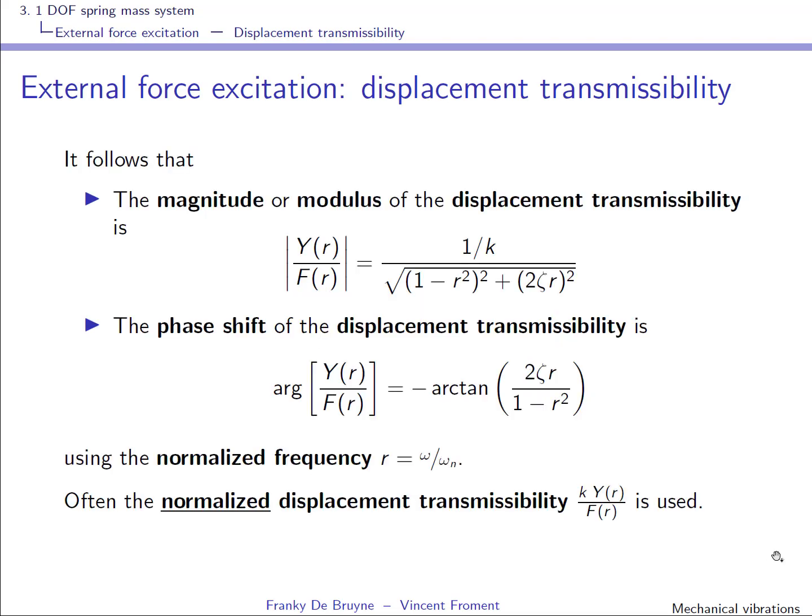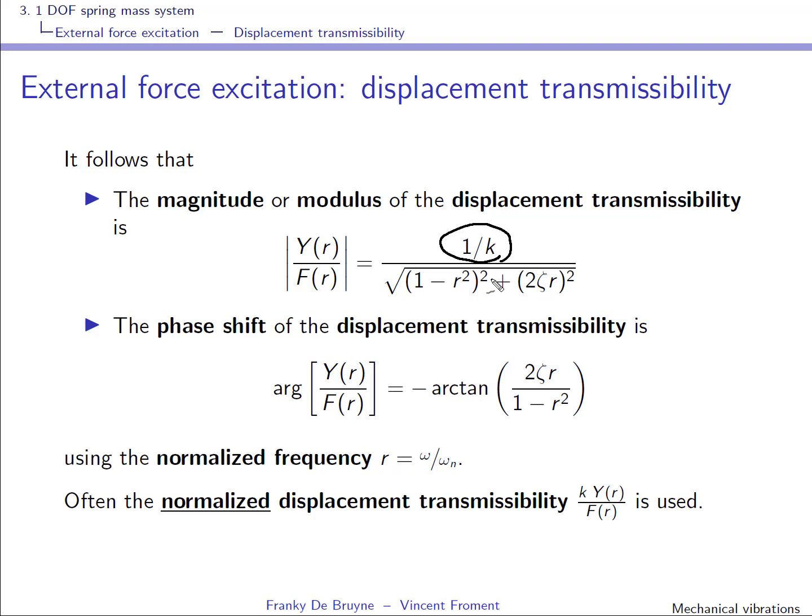We had already seen for our second order oscillatory system that you can write the modulus and the phase shift as a function of the normalized frequency. And here in a mass spring system, you know that the static gain is 1 over k. So the displacement transmissibility for this kind of system is the same as the one that we had obtained, with this 1 over k appearing here at the numerator.